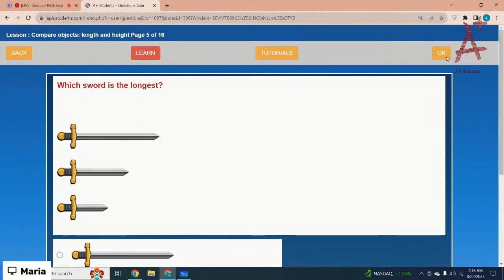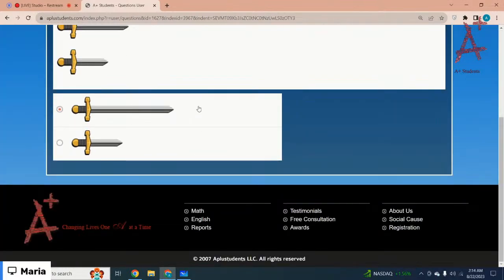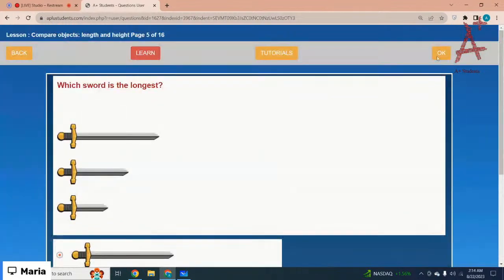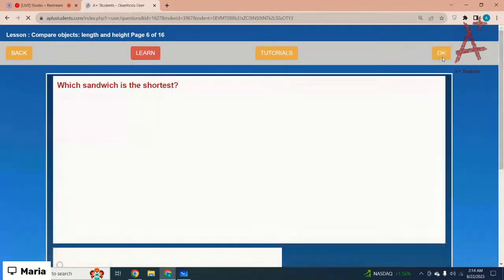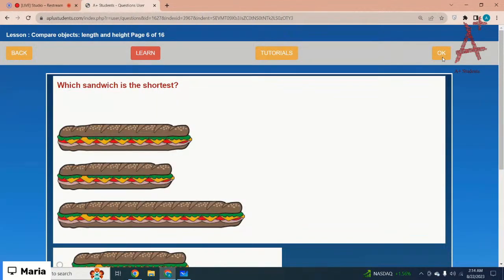One, two, three. So option number one is the correct option. That would be the longest sword. Which sandwich is the shortest?